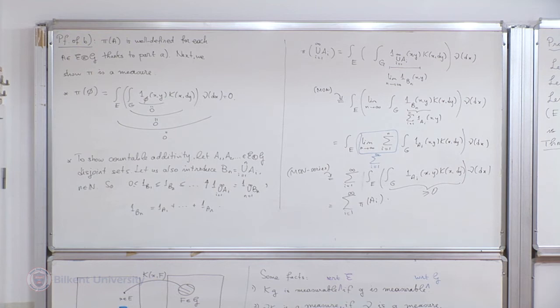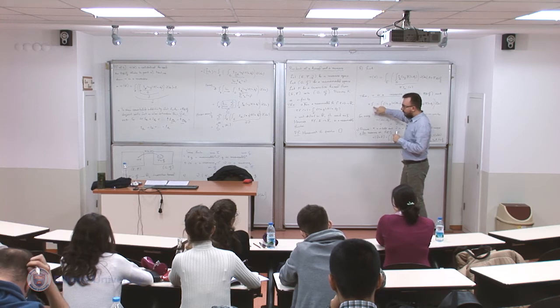Okay. Well, how to pass from pi of A to pi of f? How to pass from indicators to general measurable functions?